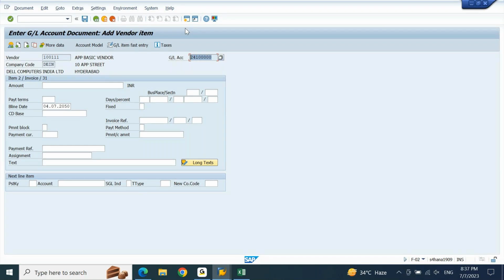So I need the detailed breakup of all my transactions that I did with a particular vendor. Similarly, all the transactions that I did with a particular customer, or a particular asset. For me to enable this kind of detailed analysis, it is not possible to capture this from the GL level.